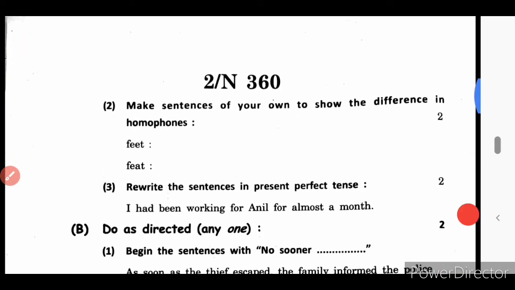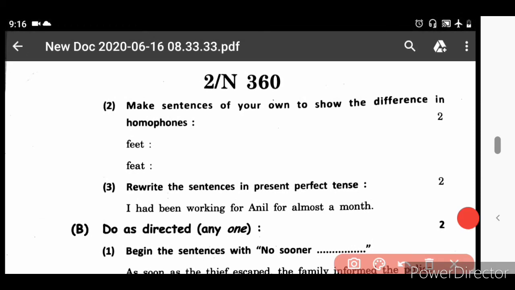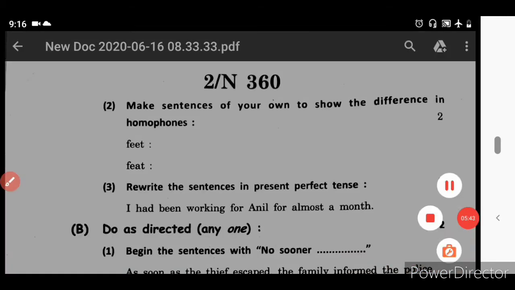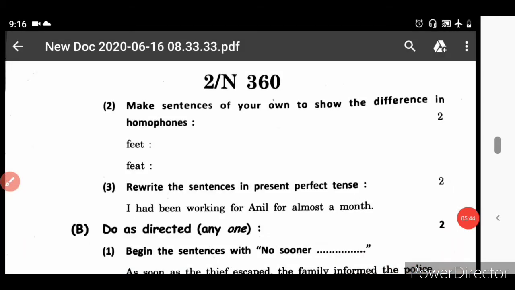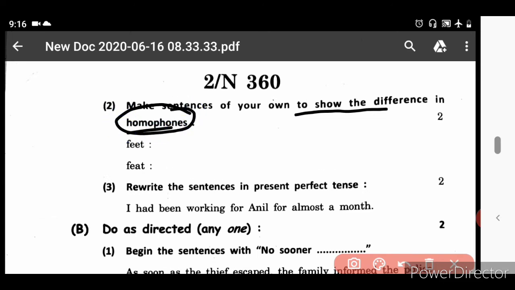Next question: make sentences of your own to show the differences in homophones. Do you know homophones? Homophones means the pronunciation is the same but the spelling and meanings of the words are different.